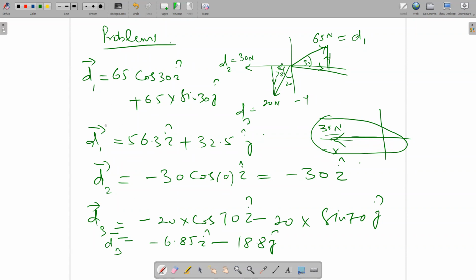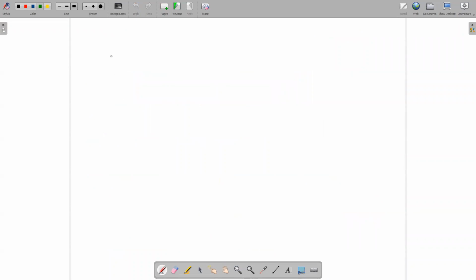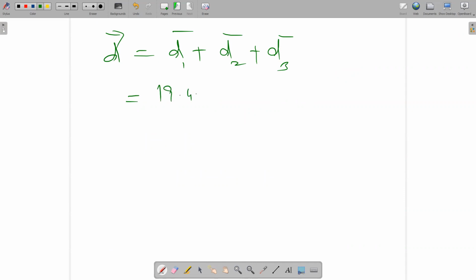Now you have D1, D2, D3. Now we will add all of these. So we can make D equal to D1 plus D2 plus D3. It is not a distance, it is actually forces. When we solve this, you will get 19.45 i plus 13.7 j.